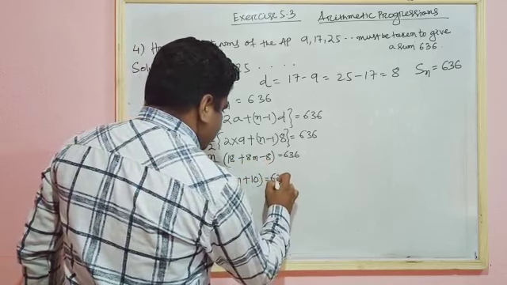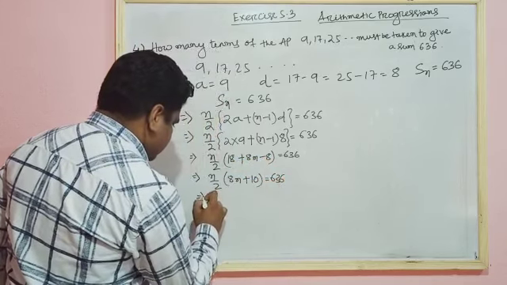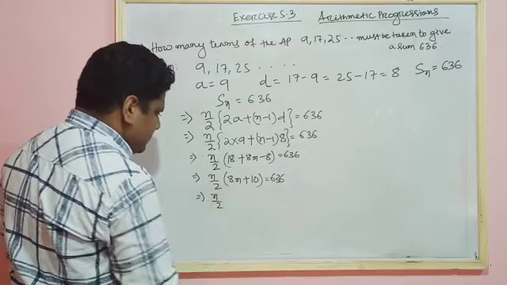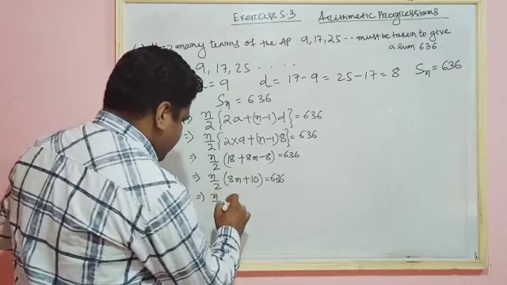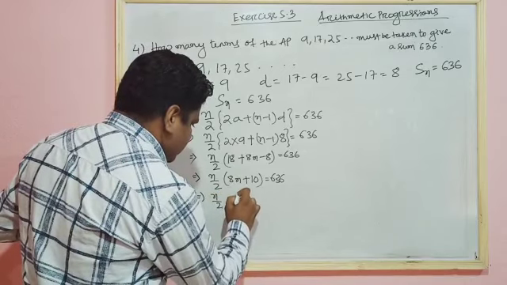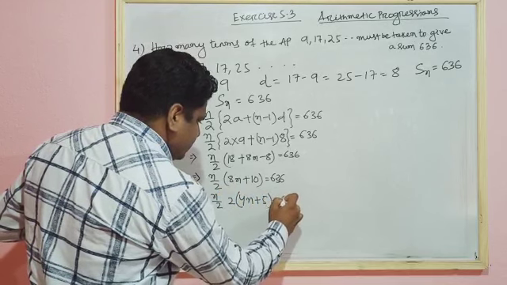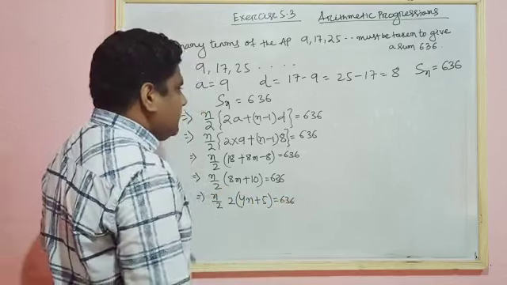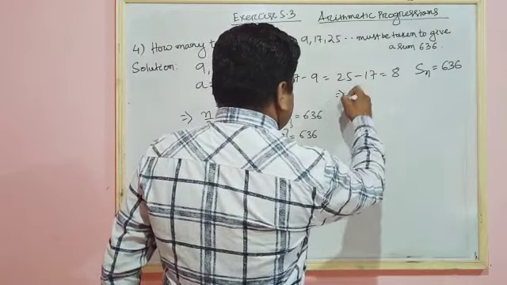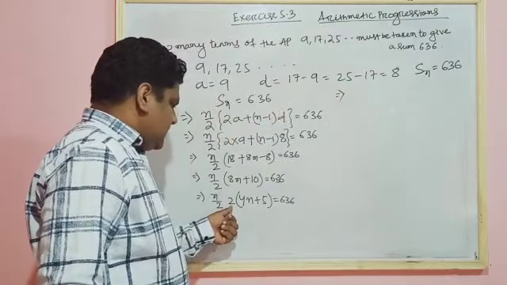equal to 636. This implies n by 2, taking 2 as the common factor, we will get 2 into, in the bracket, 4n plus 5, equal to 636. This implies that 2 and 2 will be cancelled.